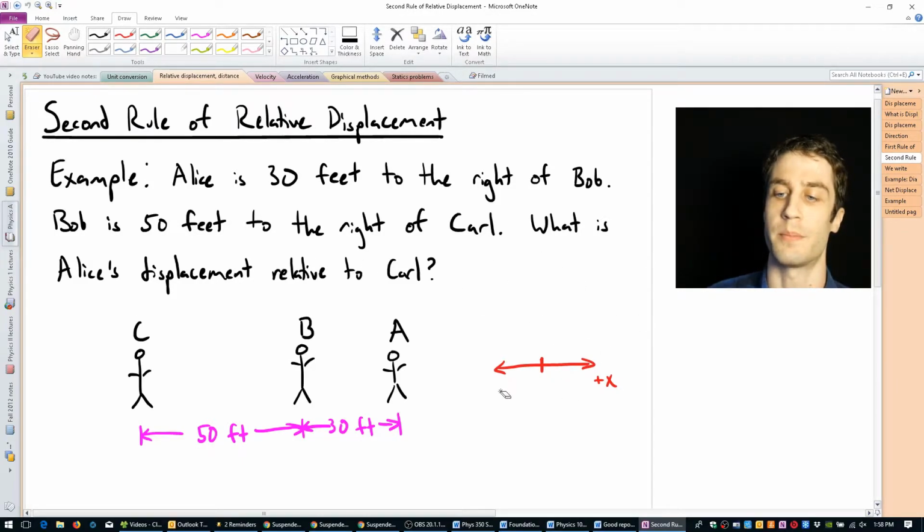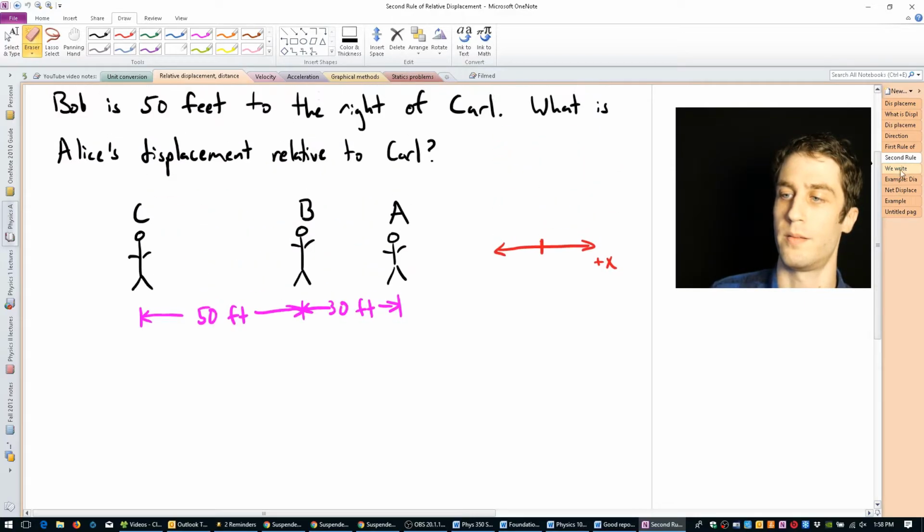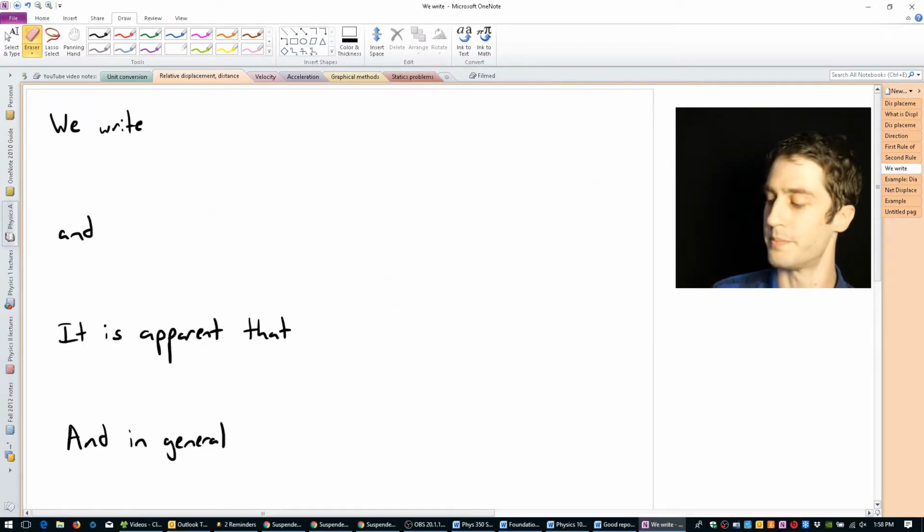Again, I've specified that positive values of x correspond to positive displacements to the right. And Alice is in fact 30 feet to the right of Bob. Bob is 50 feet to the right of Carl. Okay. Sorry, I'll continue this on the next page.